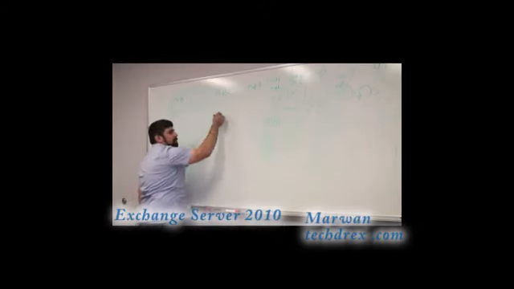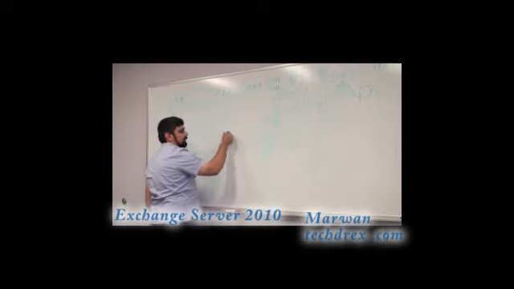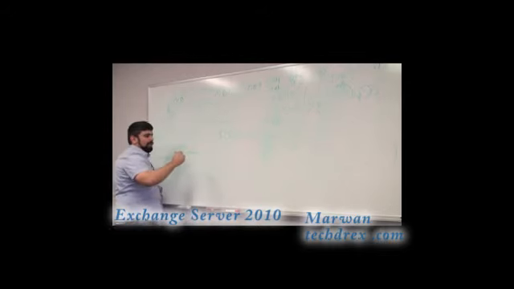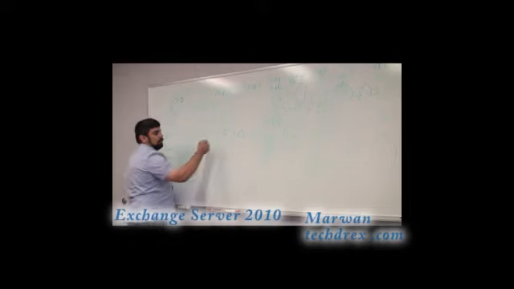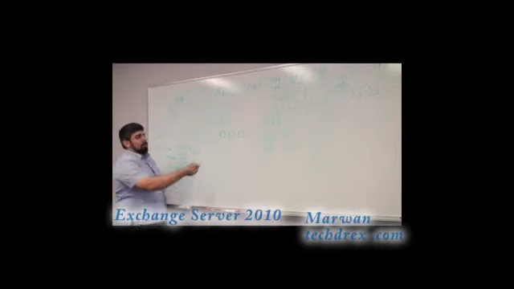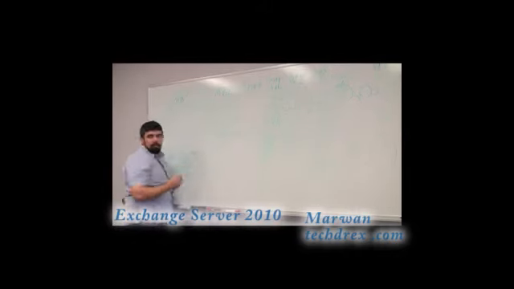We have a database, we have logs arriving all the time. But what happens, for example, you send me an email, I receive the email right away, but because Exchange Server is reading from the logs, it takes time to commit the data to the database, but you have access to the data as long as it's in the logs, right?